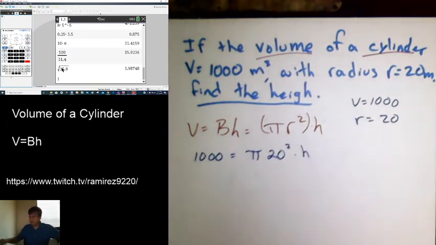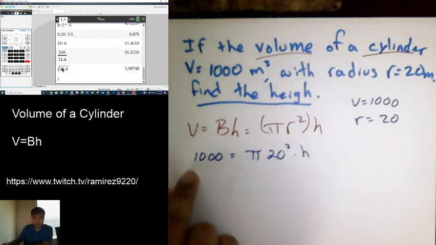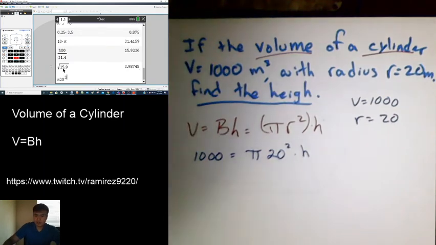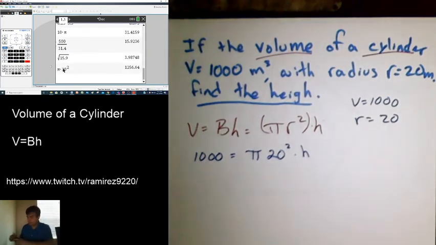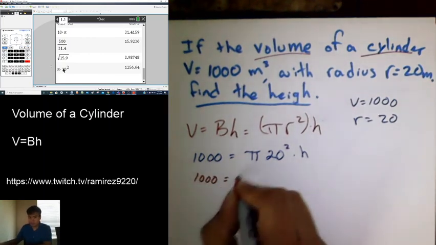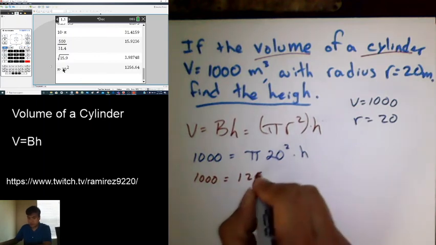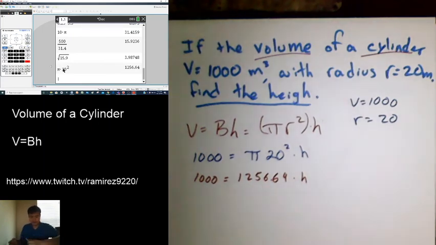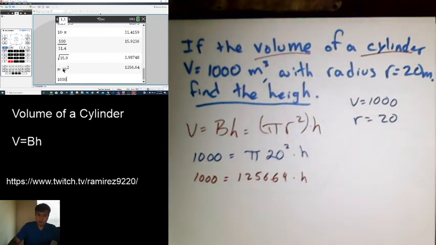At this point, it really is just moving this to the other side through division. For those of you who don't have a calculator that could do it all at once, I would recommend finding out what pi times 20 squared is. So this becomes 1,000 is equal to 1,256.64 times h. And again, it's just division: 1,000 divided by that.